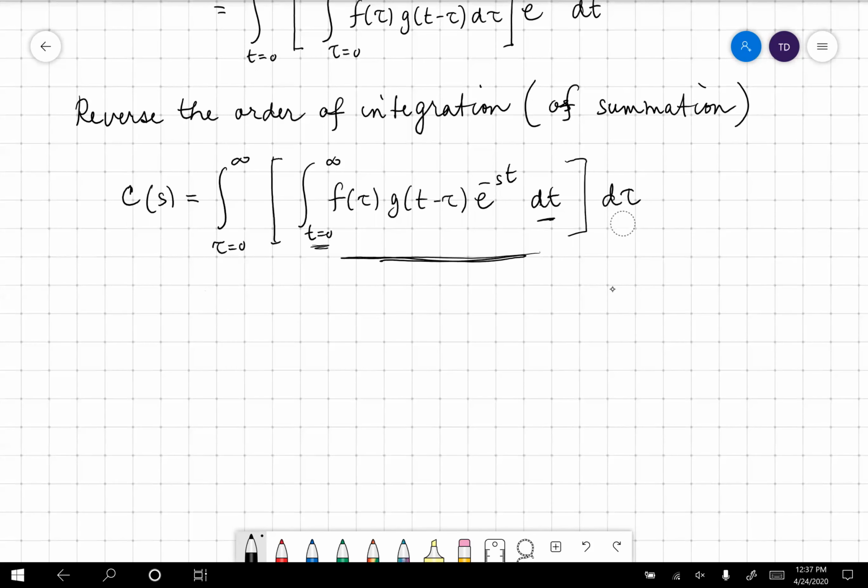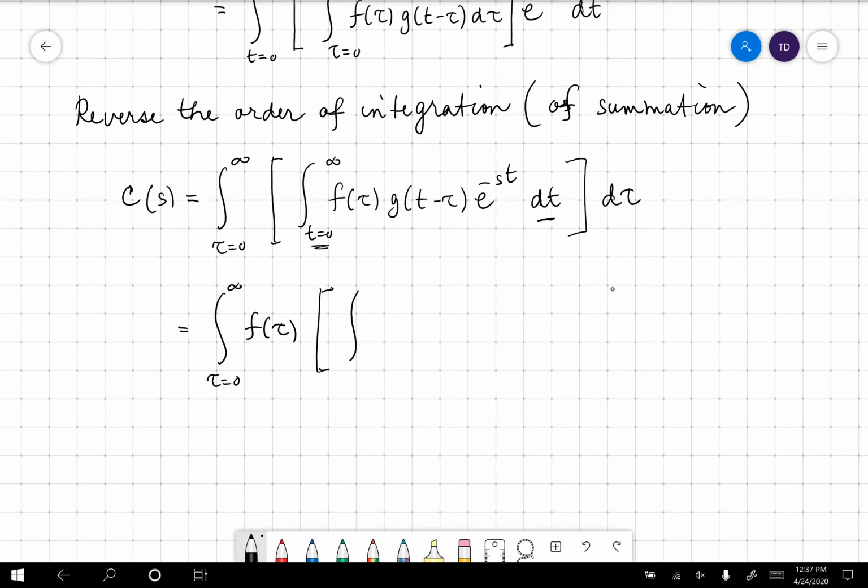Not a function of t. Yeah, f of tau. That's correct. So I'm going to pull that out of the inner integral, but I still can't pull it out of the outer integral because the outer integral is an integral on tau. But I can pull it out of the inner integral. So I just did that.